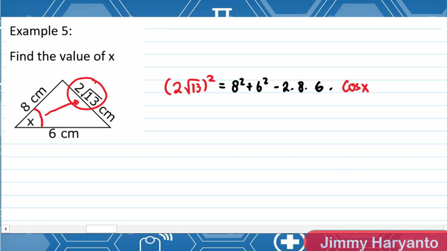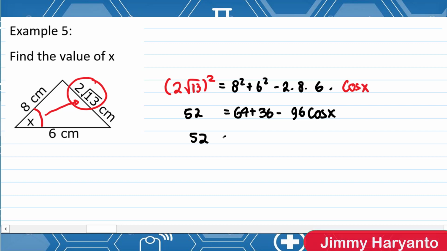Okay, so next you have to calculate. 4 times 13 is 52. 52 equals 64 plus 36 minus 96 cos x.